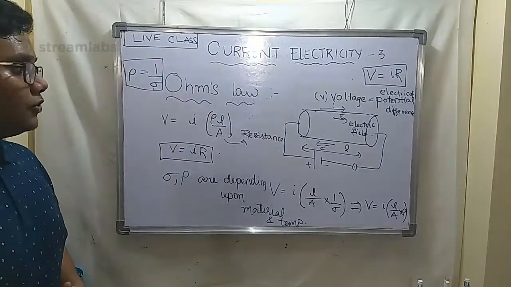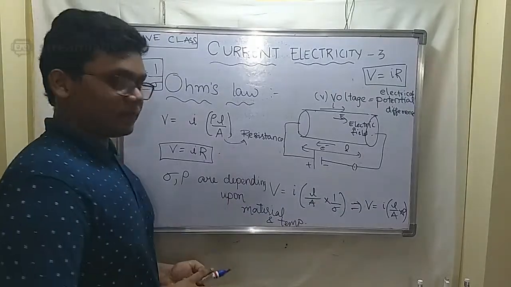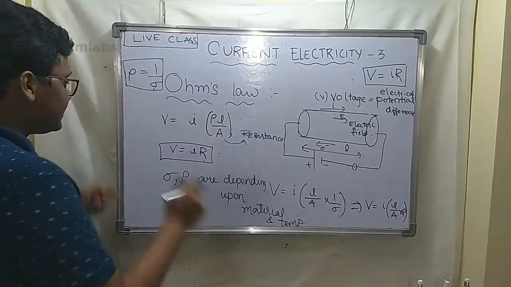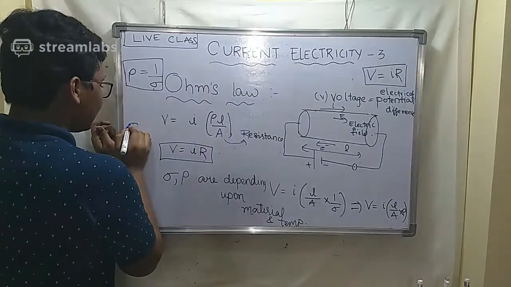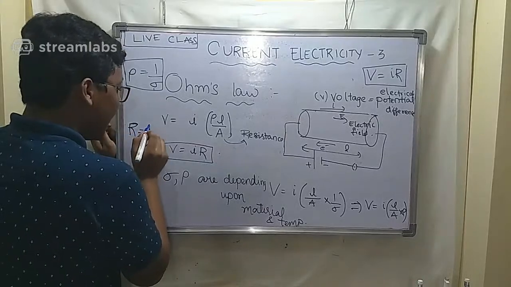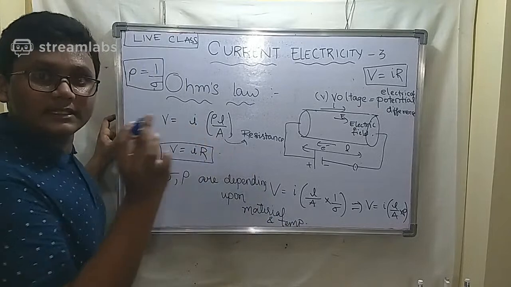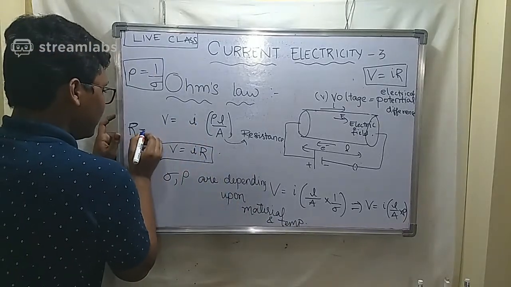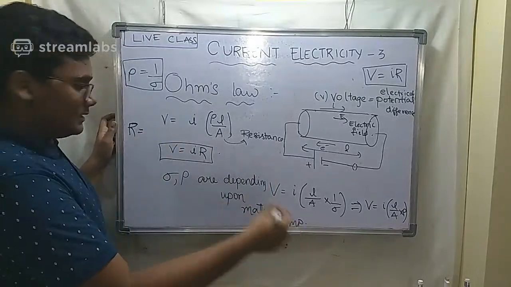Already I said why they depend upon it. Now V is equal to IR, where R is resistance and rho is resistivity. I'll say about resistance now.